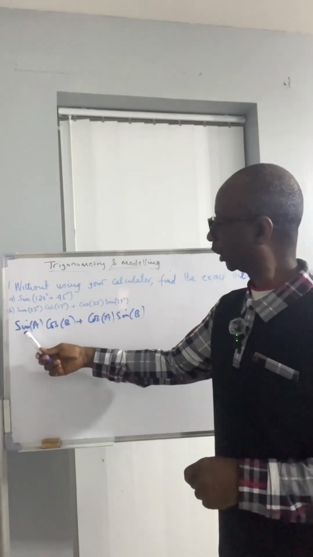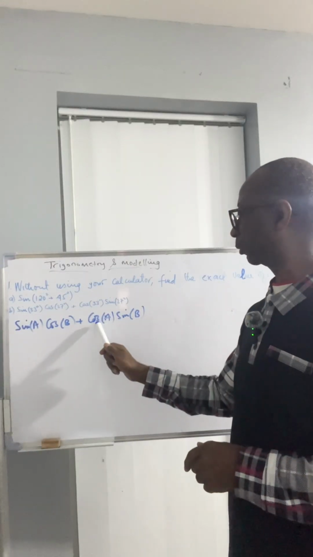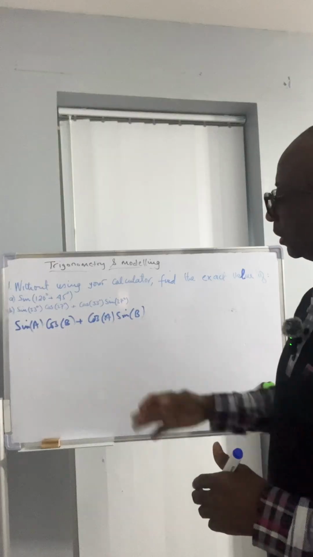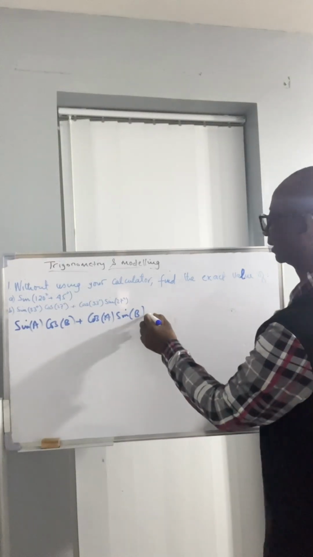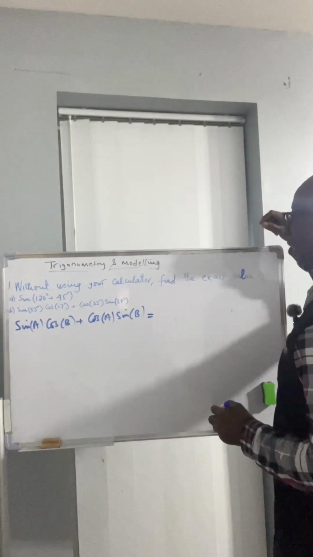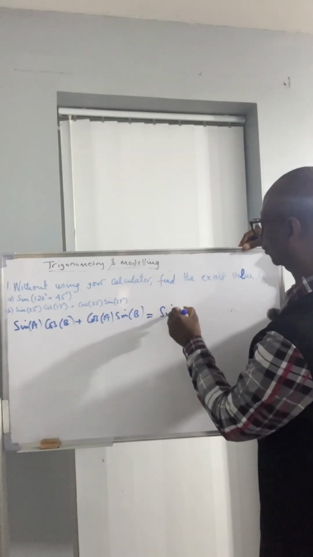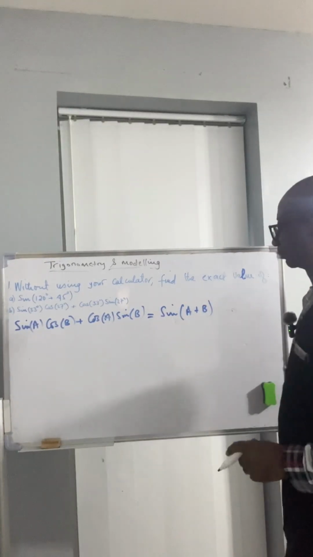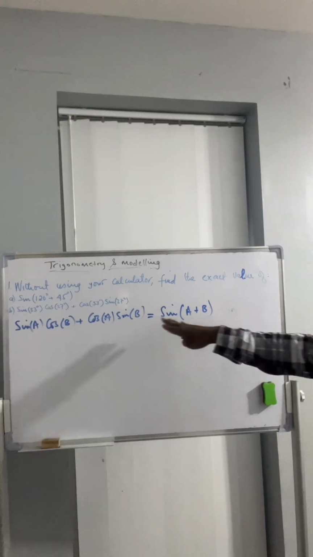Now you see this one, sine A cos B plus cos A sine B. You recognize this. From the angle addition formula, this is the sine of A plus B, because this one gives you this.